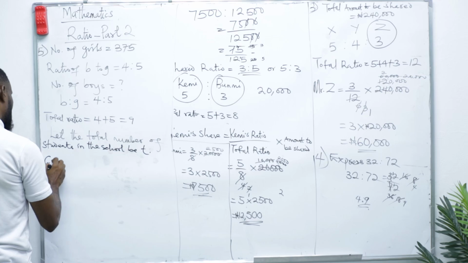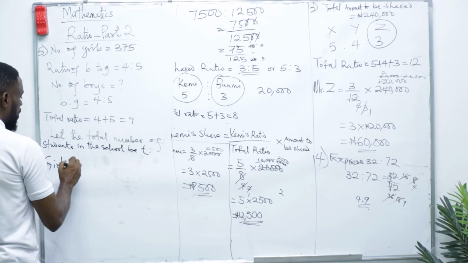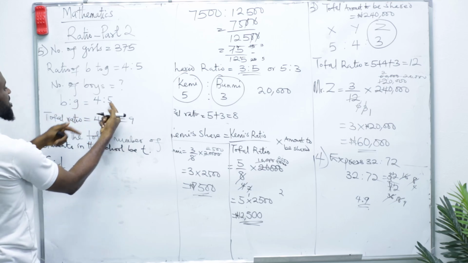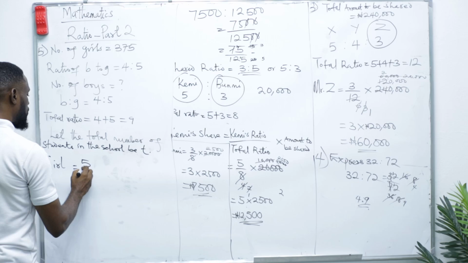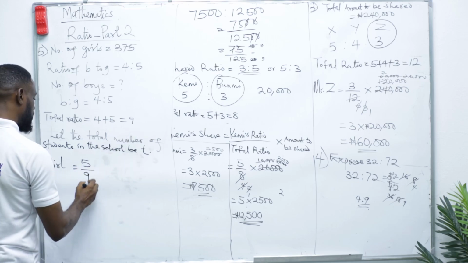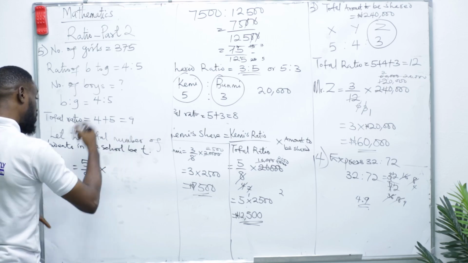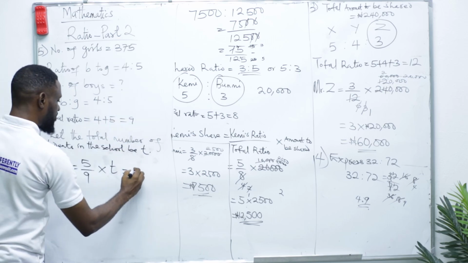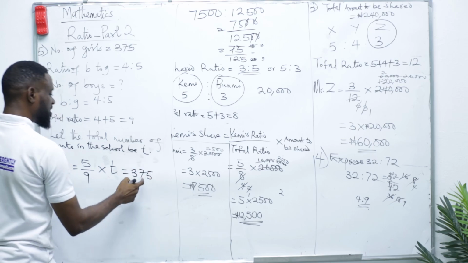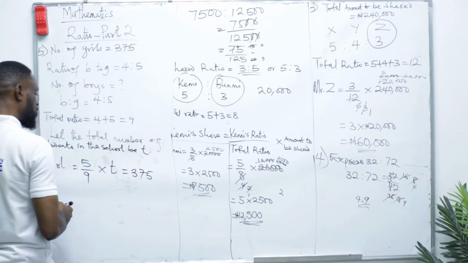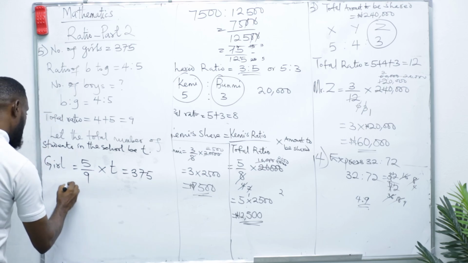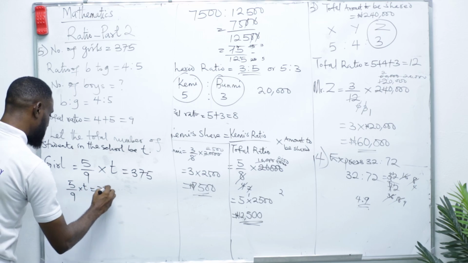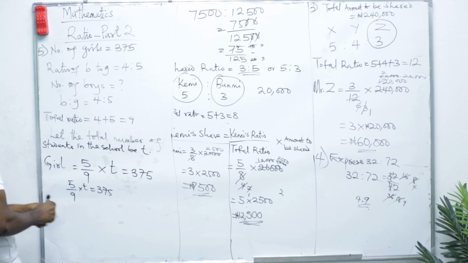For girls, the ratio is 5, so 5 over 9 times the total gave us 375. So 5 over 9 times T is equal to 375. Let's now get T.